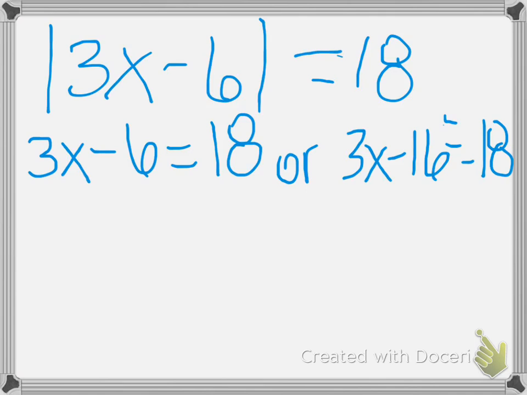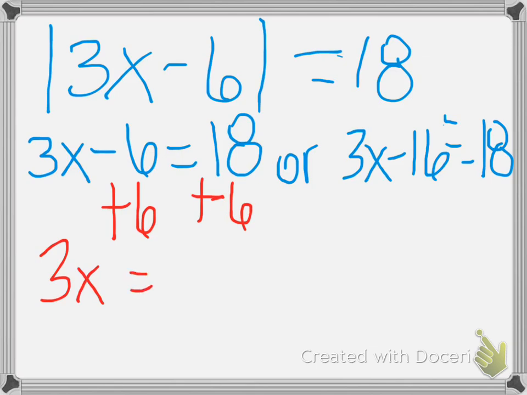Let's go ahead and solve the first equation that we have over here. So let's move that 6 over, and we're going to move it by addition. That's going to leave us with 3x equals 18 plus 6, 24, if I can write the 4 properly.